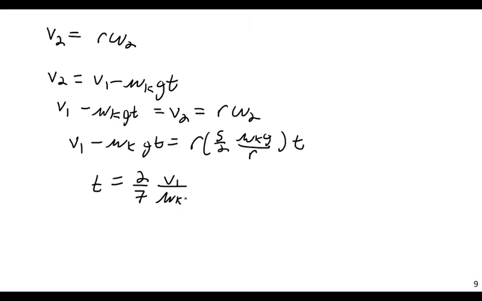So it is dependent on the initial velocity, and this is the amount of time it's going to take for this thing to get enough angular velocity, or spin up enough, to the point where it is able to roll. It has sufficient angular velocity to roll along the ground without any slipping.